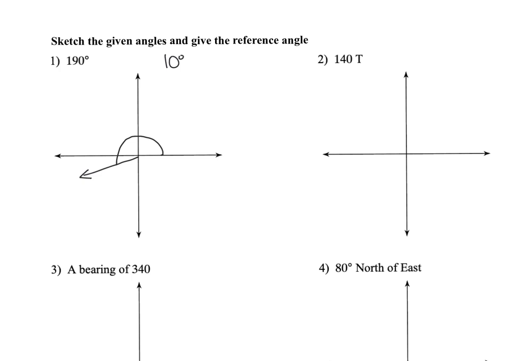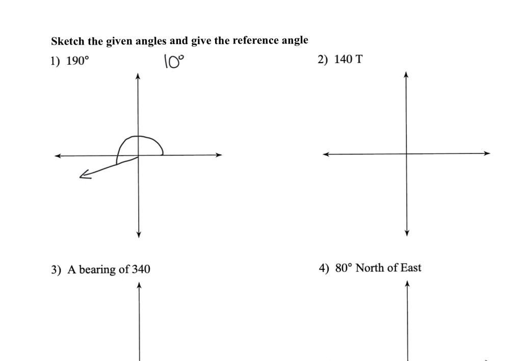All right, so there are two other ways they can give it to us. The second way is either like this with that capital T, or the word bearing or heading. They could use that as well. What type of movement do I do when I have a true north or a bearing? Where do I start? How do I move?